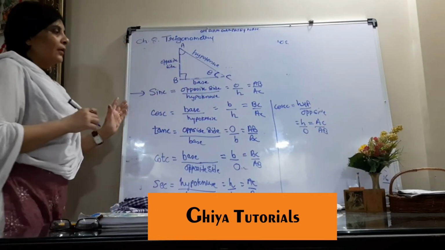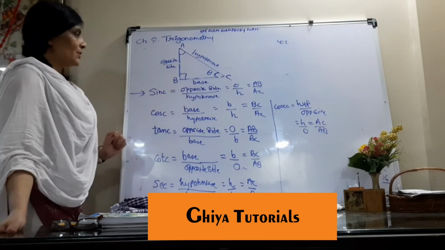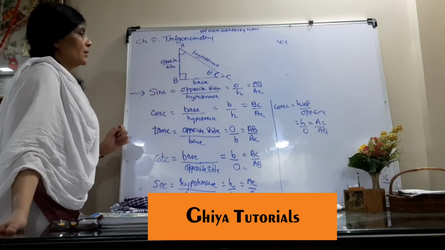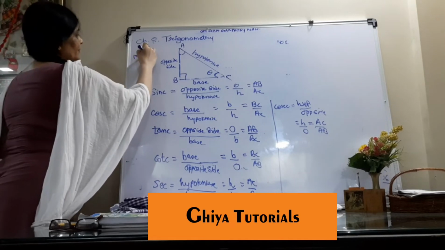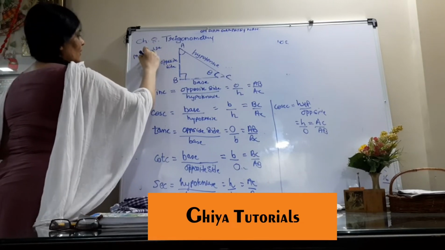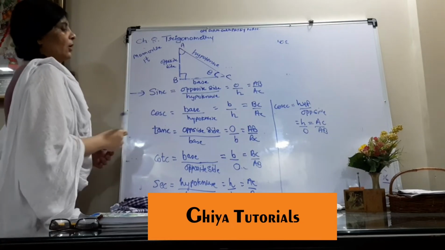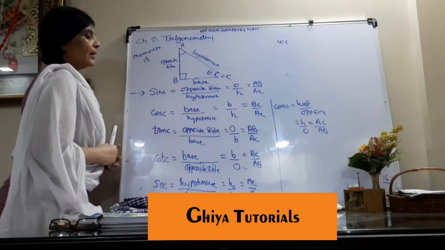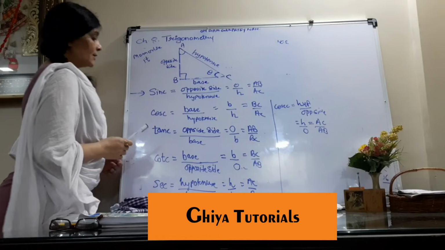So these are the formulas with respect to the triangle. Sin C equals opposite upon hypotenuse. You have to memorize this formula. Cos C is base upon hypotenuse, so BC by AC.